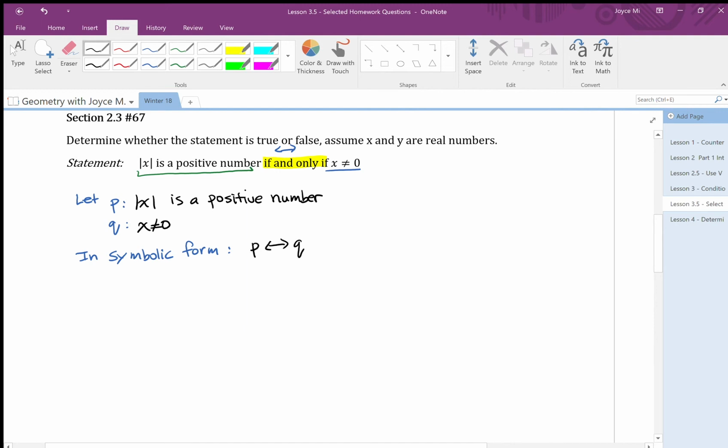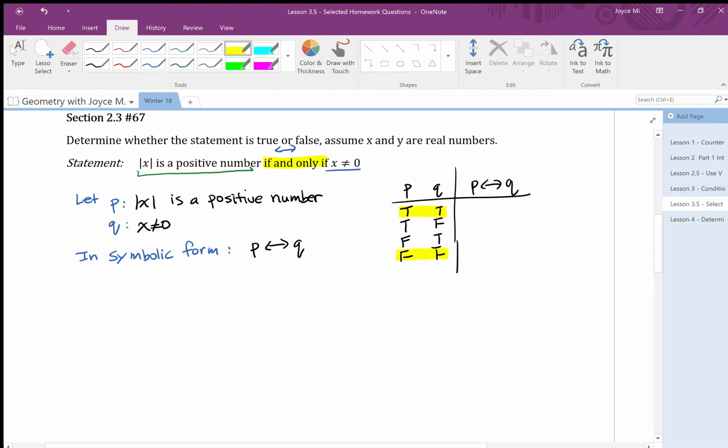Now let's recall the truth values for the biconditional statement. In the previous lesson we learned, for the simple components P and Q, and P if and only if Q, true-true, true-false, false-true, false-false. For a biconditional to be true, both components have to be the same.